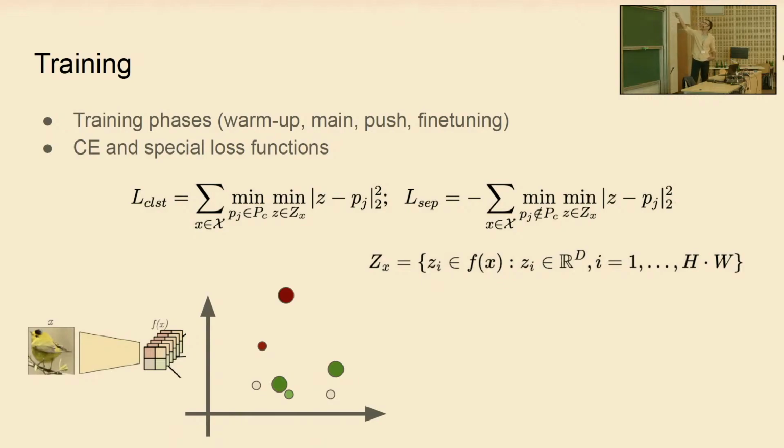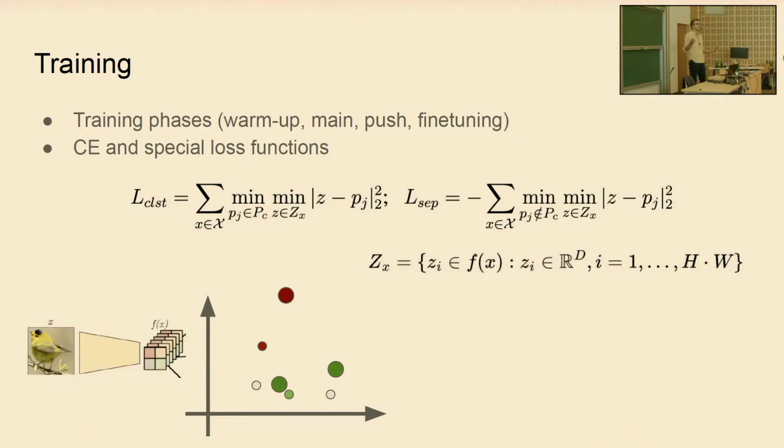So again, we have X, which is an example of the green class. There are two prototypes in the latent space of the green class.